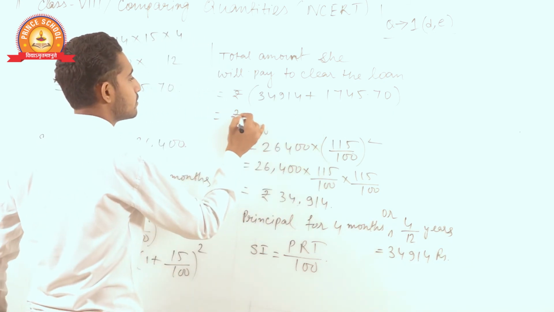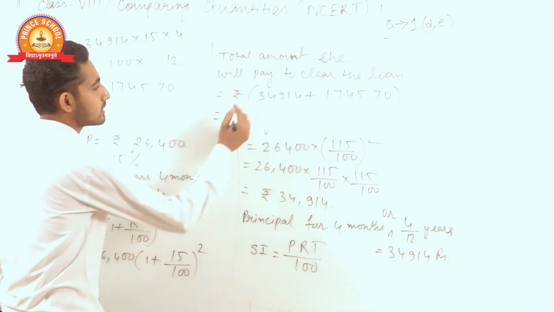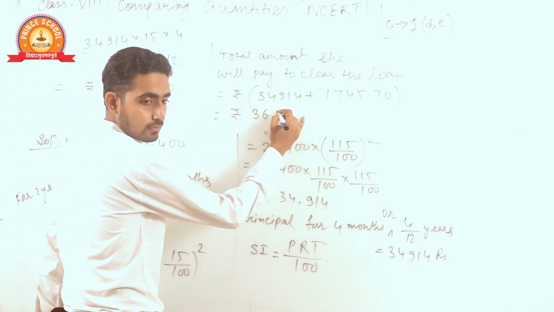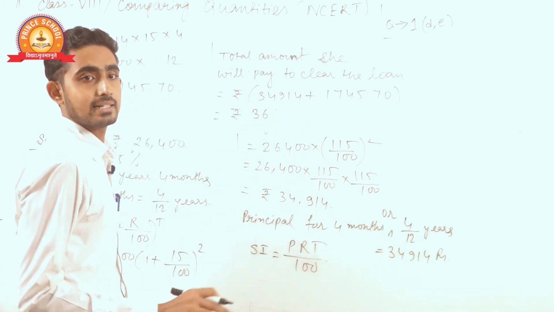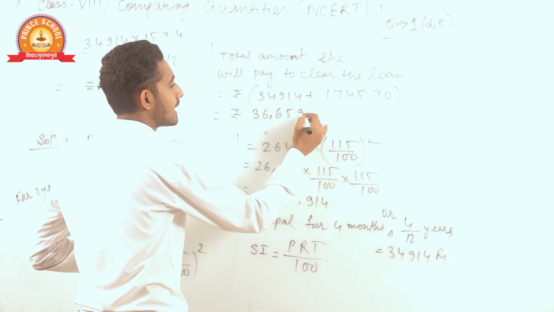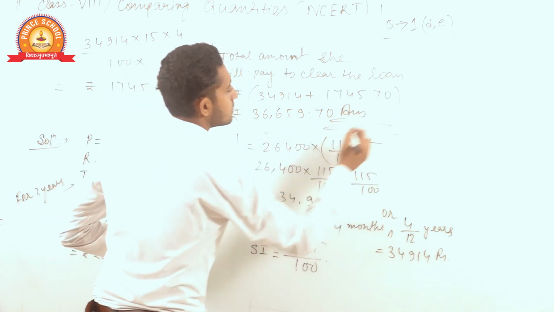That means total rupees, if you add them, then your answer will come 36,659.70. Okay, that is the answer of the question.